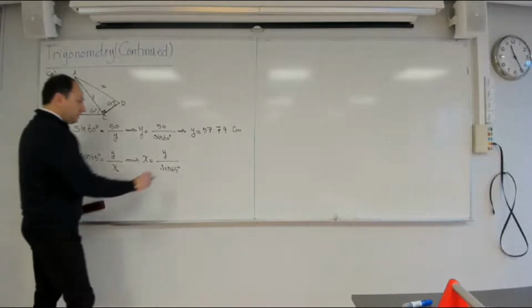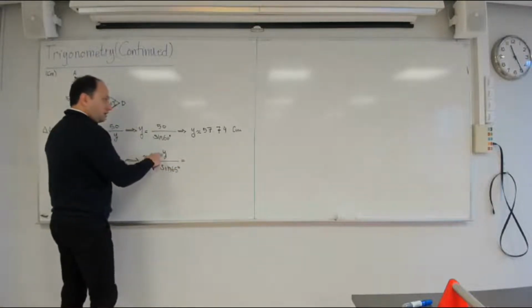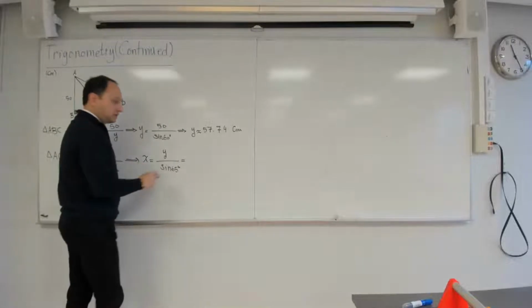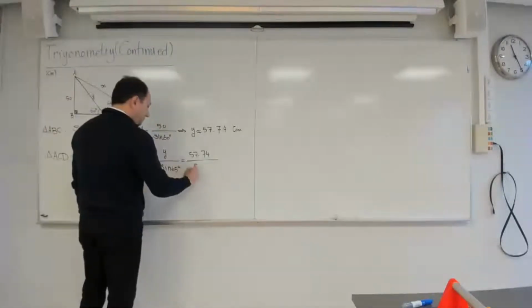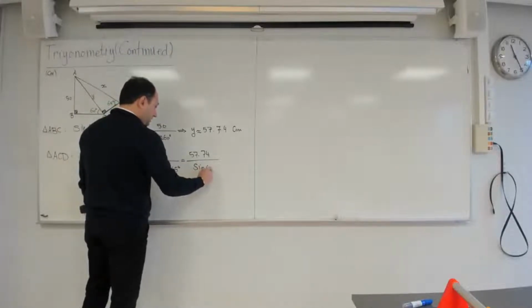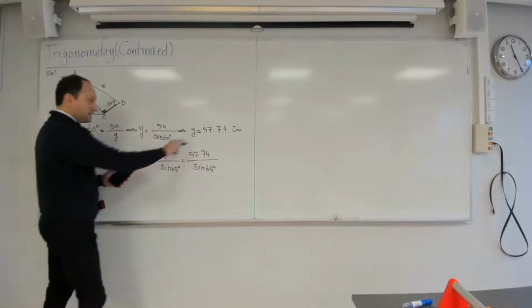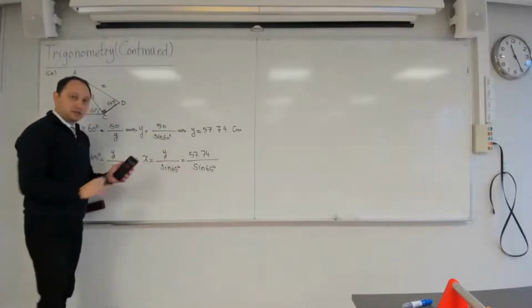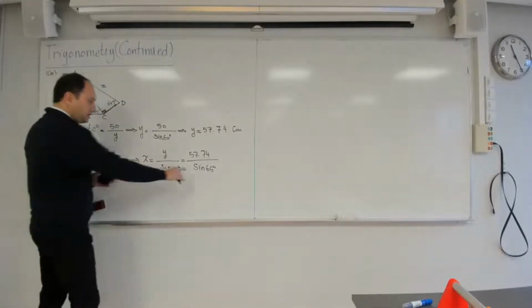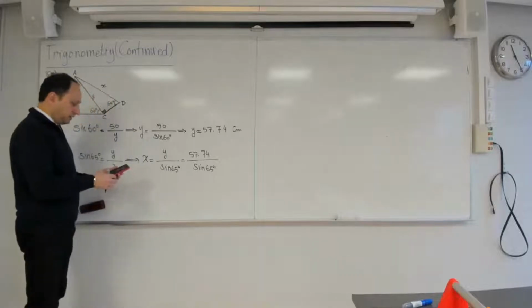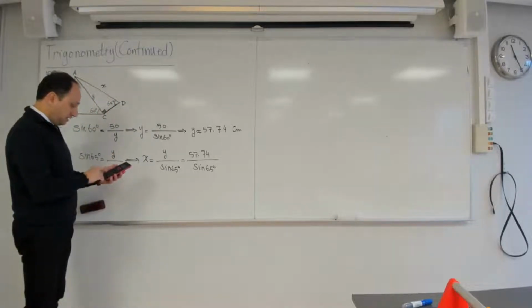Then, instead of y, I put this number that I got here, and then divide it by sine 65 degrees. So I will take the same number in its entirety from my calculator and just divide it by sine of 65.